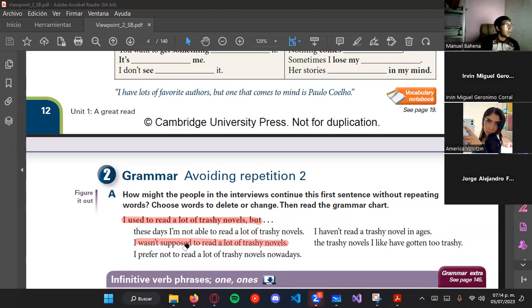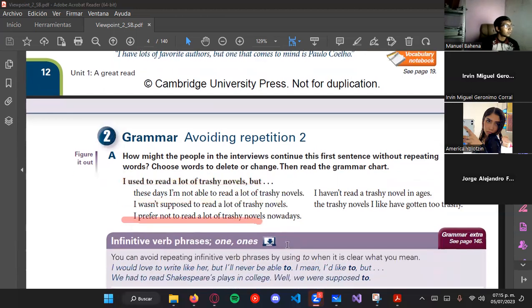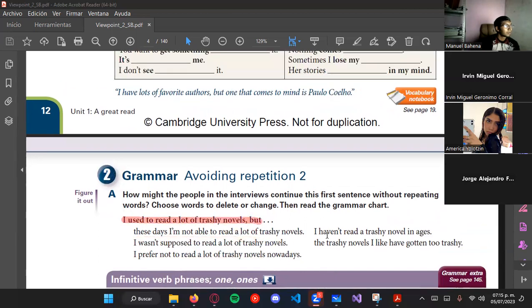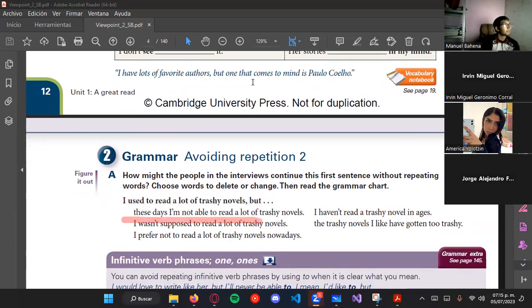So then again, how would you replace this one? Se suponía que no debía leer muchas novelas basura. Yes, but how would you replace it? ¿Cómo lo reemplazarías? ¿Cómo lo sustituirías?